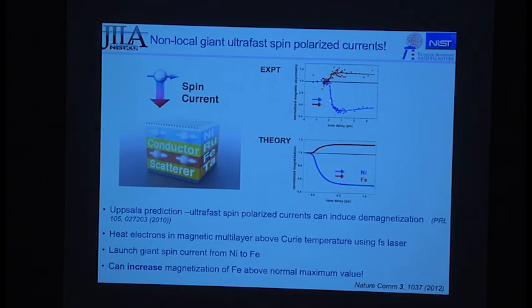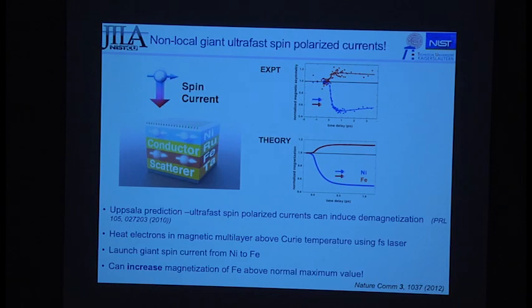What we saw in the experiment is we had fully magnetized the two layers initially, and the nickel layer's magnetization quenched, and in the iron layer, the magnetization increased, or seemingly increased above the maximum value. And you think about this and you say, well, there is no way you can do this if you don't have spins flowing from the nickel to iron.